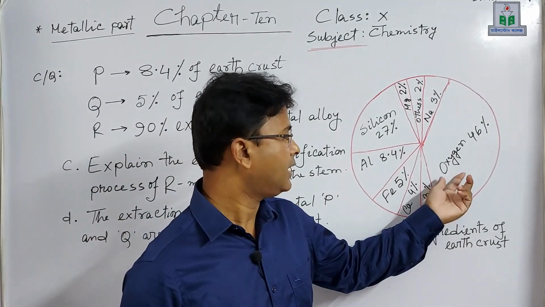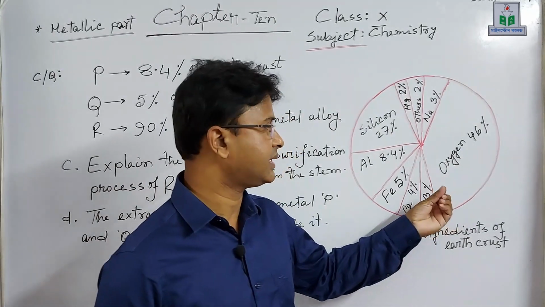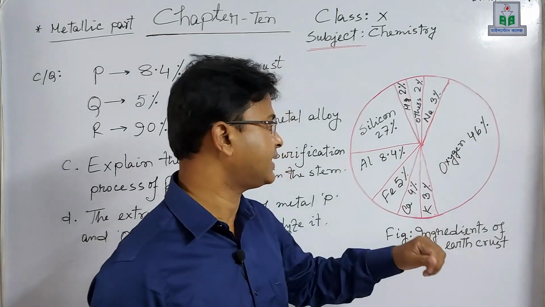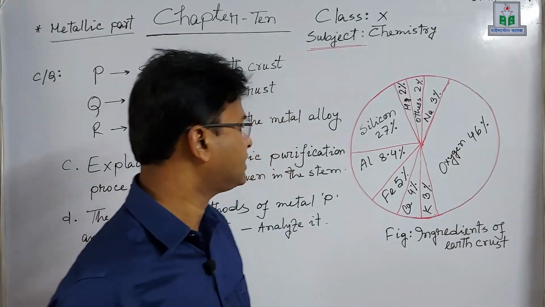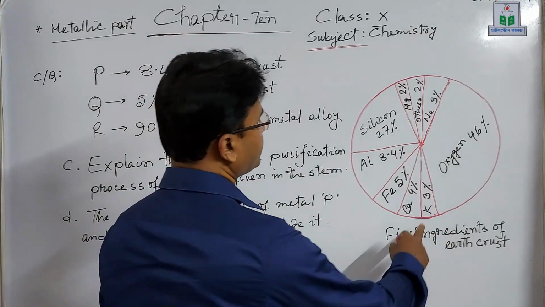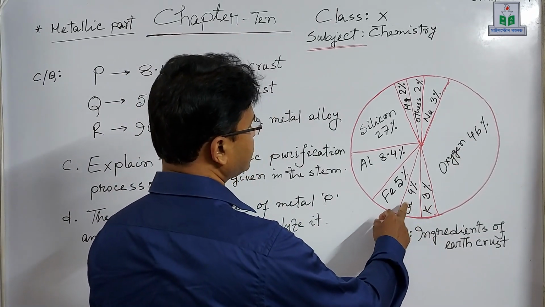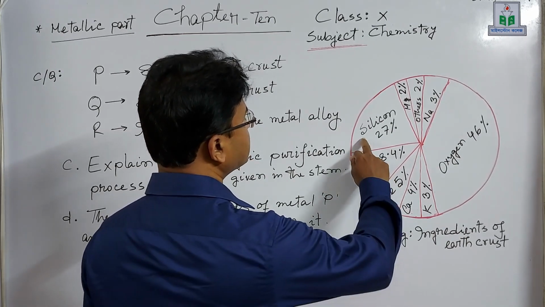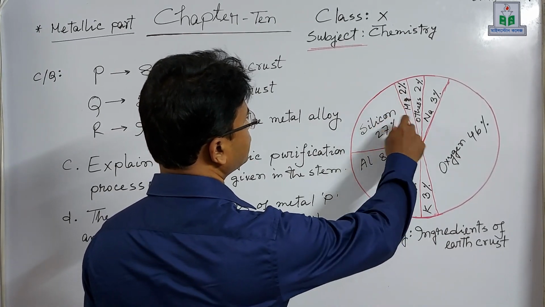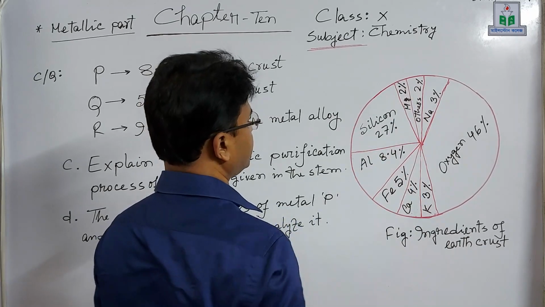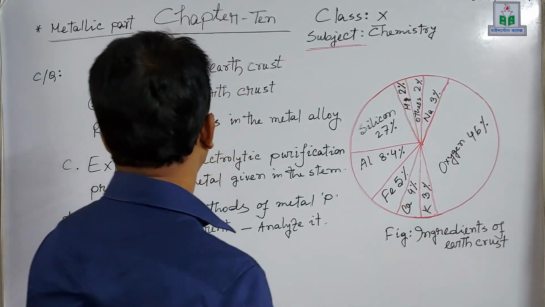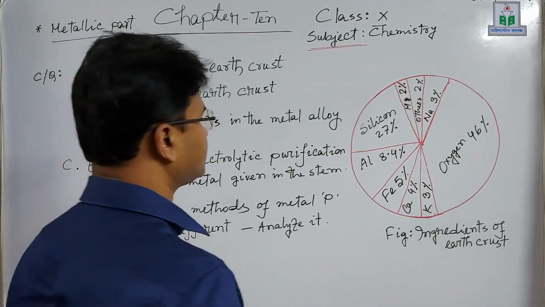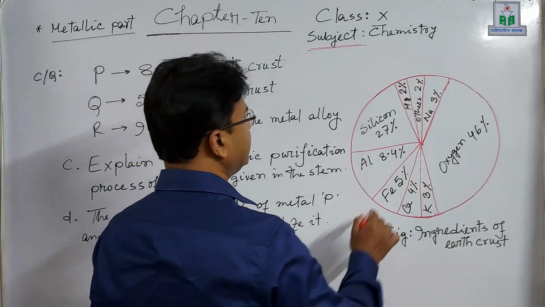The prime ingredient of the earth crust is oxygen, 46%, then potassium 3%, calcium 4%, iron 5%, aluminum 8.4%, silicon 27%, magnesium 2%, others 2%, and sodium 3%.